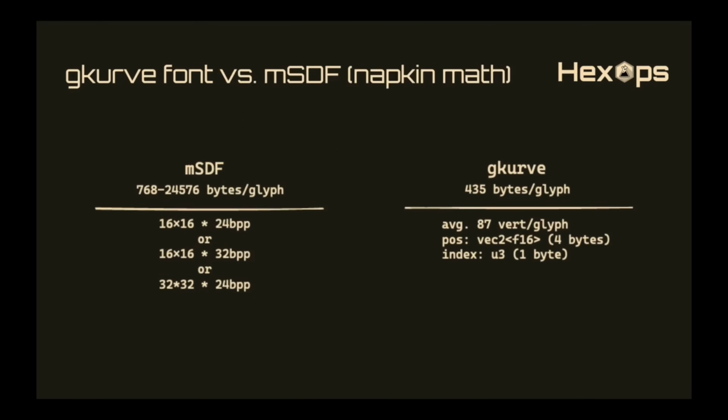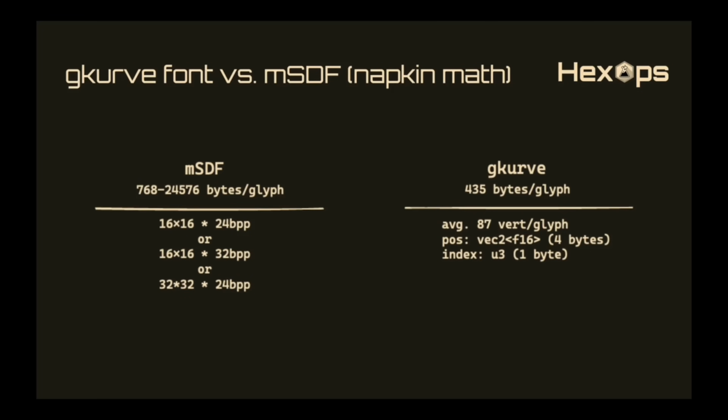So if we compare an SDF font, an MSDF font, versus a gkurve font for just a single glyph, you would end up needing a 16 by 16, maybe a 32 by 32 pixel texture to represent a single glyph. I couldn't find in their docs whether or not this is 24 bytes per pixel or 32, so if anybody knows, I'd be curious to hear it.